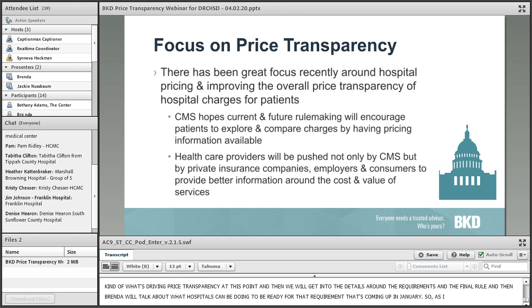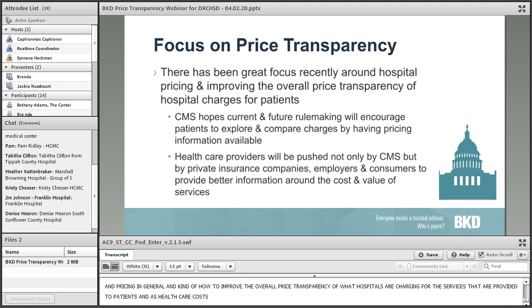As I said, there are other things going on in the world right now, but even prior to that, there really has been a lot of focus recently on hospital price transparency and pricing in general, and how to improve the overall price transparency of what hospitals are charging for the services provided to patients.